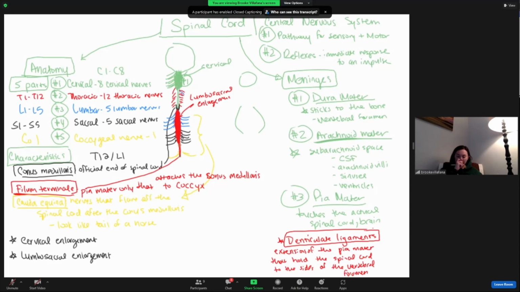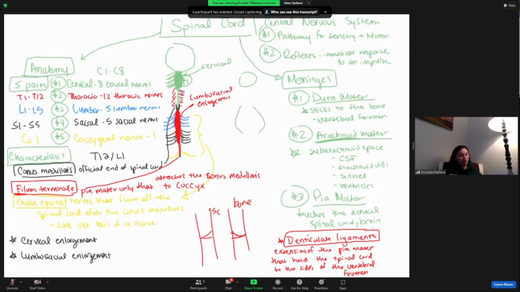So they're like little extensions, if this is my little spinal cord, denticulate ligaments are little triangles, and they kind of keep it held to the bone on the outside. And there's actually on the spinal cord model that we'll go over, you can actually see the denticulate ligaments, and we have you guys label the denticulate ligaments as well.